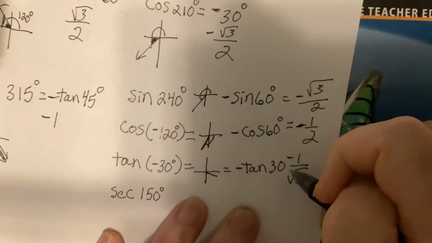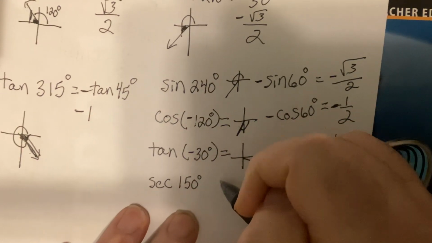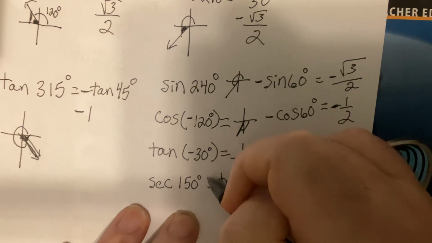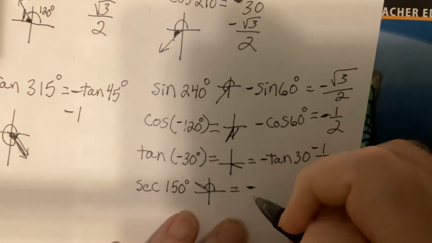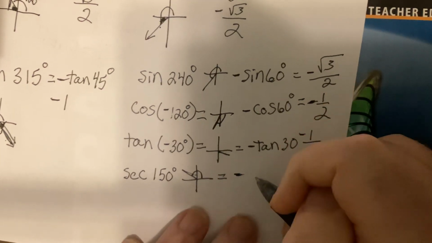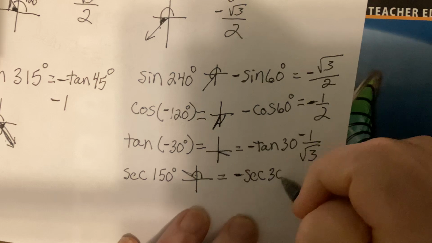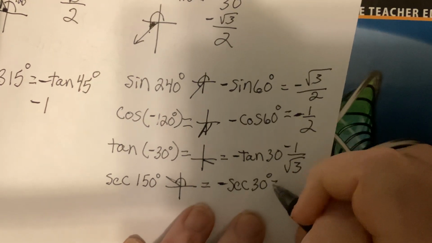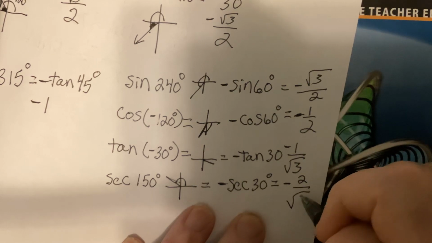And it's negative. And let's see, secant of 150. So cosine's negative. Well, all my examples are negative. Wasn't that fun? Of 30 degrees. Cosine 30 is square root of 3 over 2. So this would be 2 over the square root of 3.